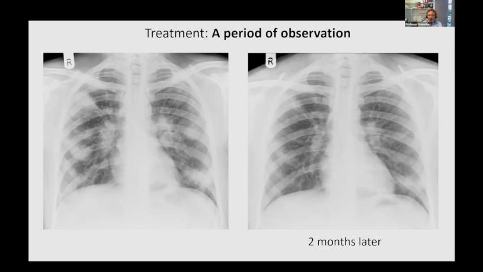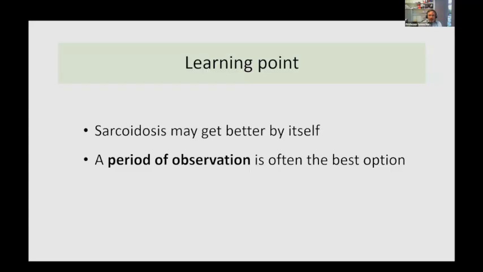So this is an important point, that sarcoidosis may, and in fact often, will get better by itself with time. And a period of observation is often the best option. That doesn't mean doing nothing, because close monitoring by a clinician who understands sarcoidosis is a very important part of that.